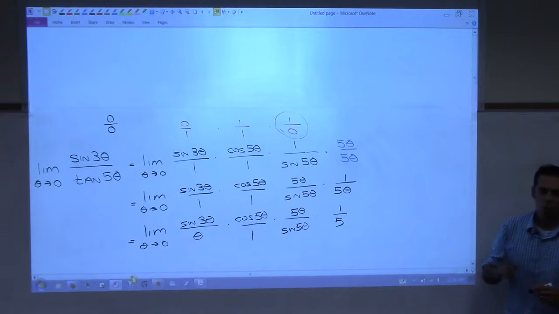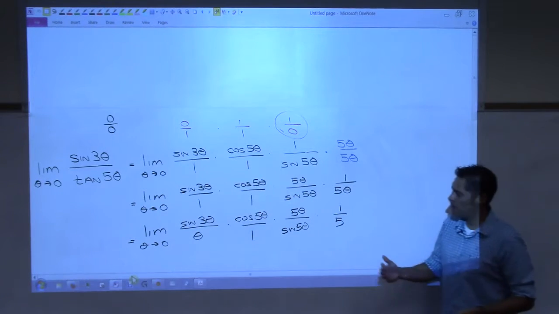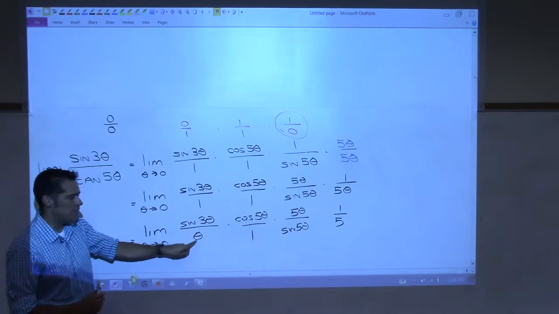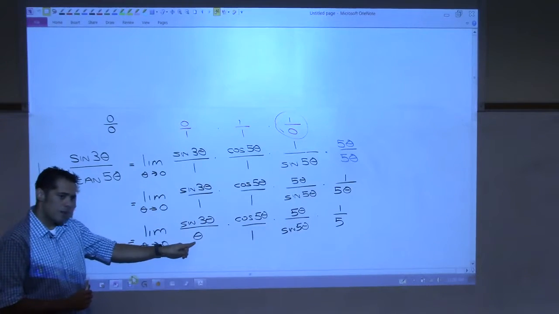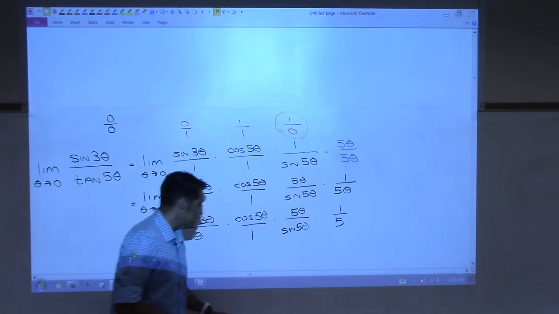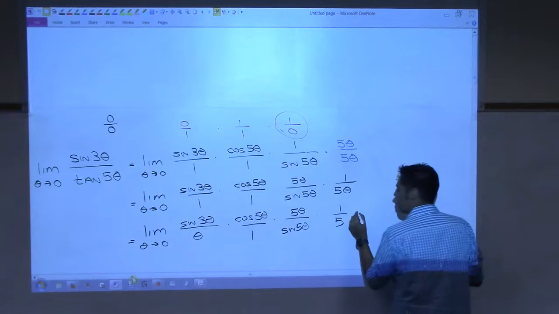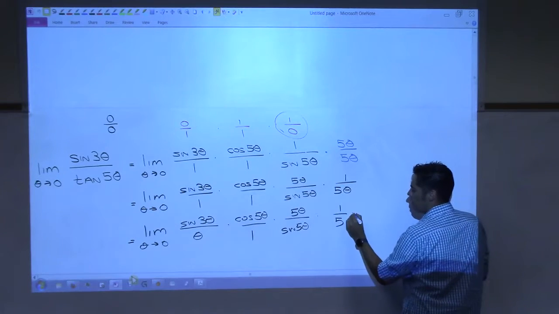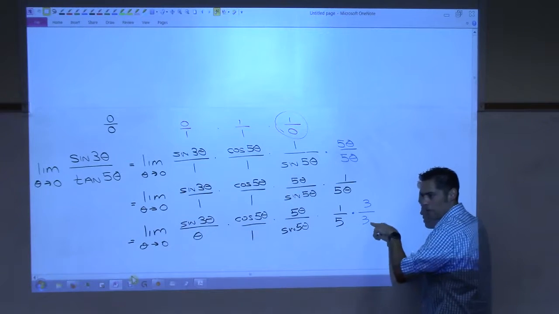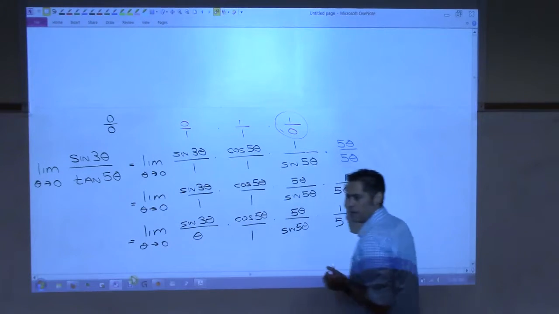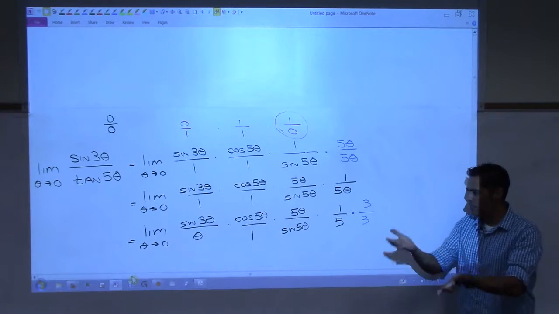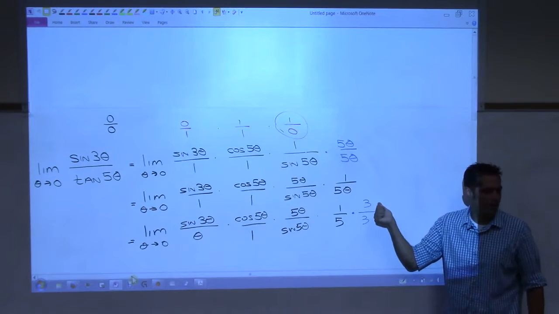Now this doesn't quite work yet, because in order for this to not be a problem, we have to have the same thing here and the same thing here. This needs to be a 3 theta instead of a theta. So I can introduce a 3 as long as I do it on the top and bottom. I introduce a 3 on the bottom and a 3 on the top. That 3 will slide all the way over here and go in front of that, and then they'll match. The only give and take is I'm going to have a 3 stuck out here on top now.